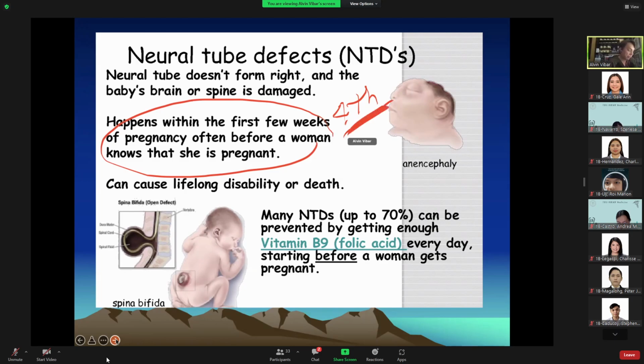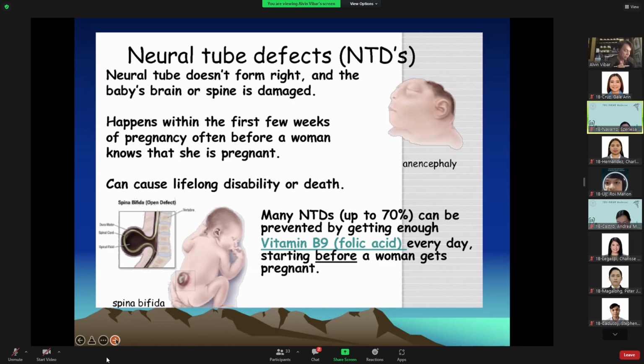Eh, paano kung meron na palang neural tube defects? Nakukuha niyo pong ibig kong sabihin? It can cause lifelong disability or even death. But with the technology nowadays, sa ultrasound pa lang malalaman na kung merong neural tube defects.